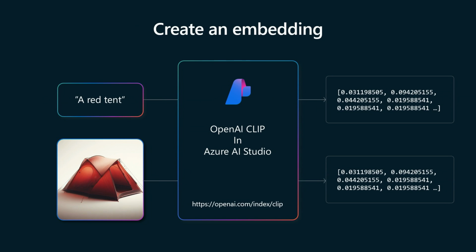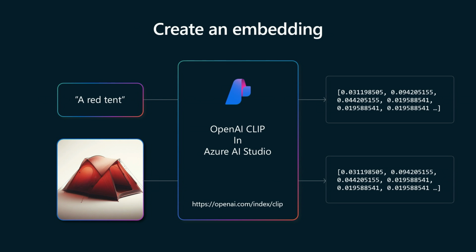We are going to use CLIP, a model from OpenAI that can encode semantic similarities in images and text in the same vector space. This model is available in the model catalog and can be deployed in a virtual machine of your choice.